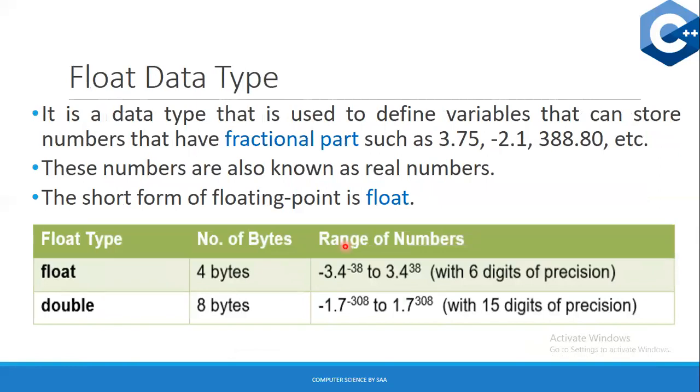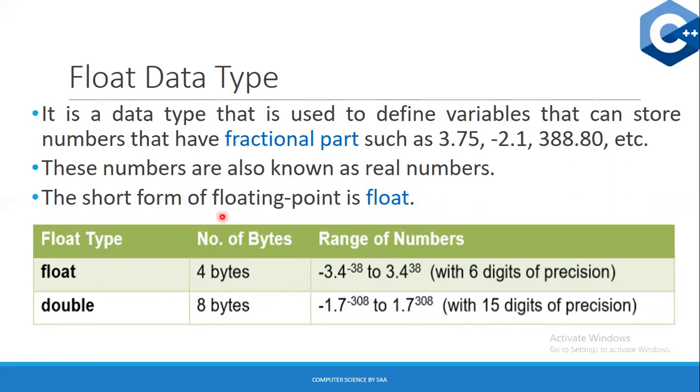The next is the float data type. It is a data type that is used to define the variables which have a fractional part or decimal part, such as 3.75 or -2.1 or 388.8 etc. These numbers are also known as real numbers. Like integer data types can only store whole numbers, floating data types can store real numbers with decimal points.